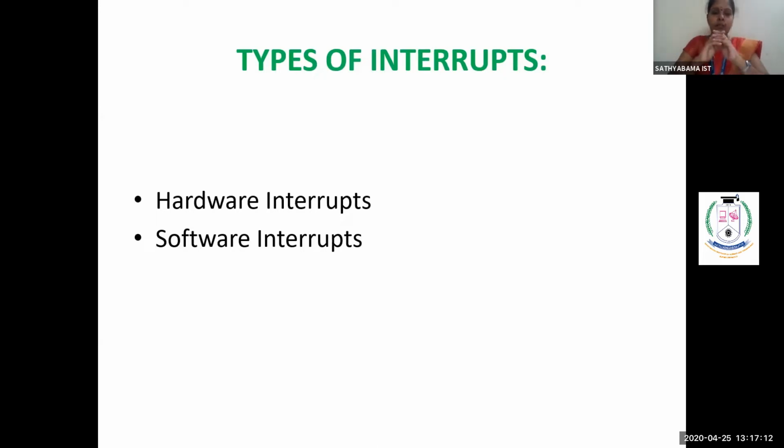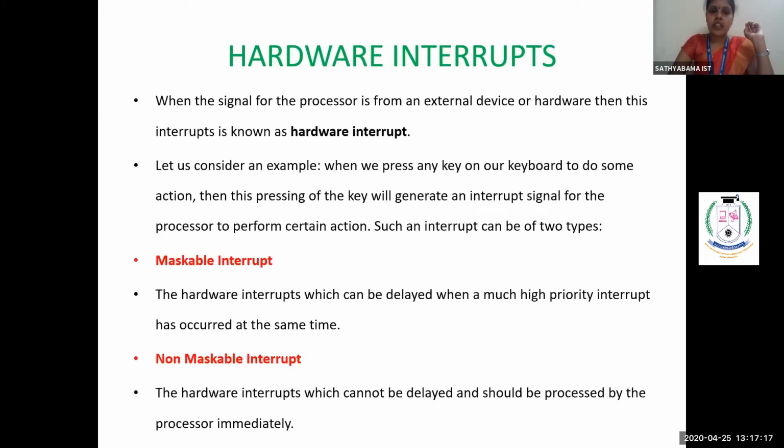Next we'll go to the types of interrupts. You have two types: hardware interrupt and software interrupt. In a hardware interrupt, a signal comes to the processor from an external device or hardware. What is an external device? Yes, a peripheral device: keyboard, mouse, printer, whatever device you are able to connect.